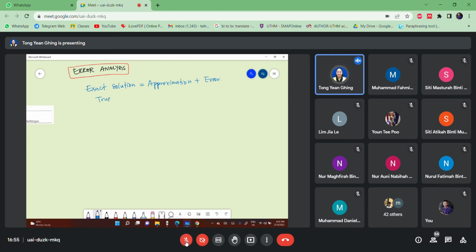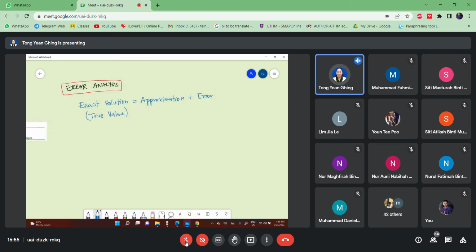This is the true value. Okay, so yang tadi saya kata lah, tadi kan yang beam tu. So you will have the error. We do the approximation plus with error will equal to the exact solutions. So the error can be positive or it can be negative.